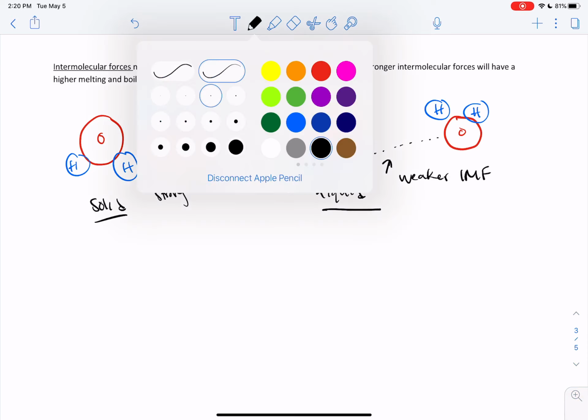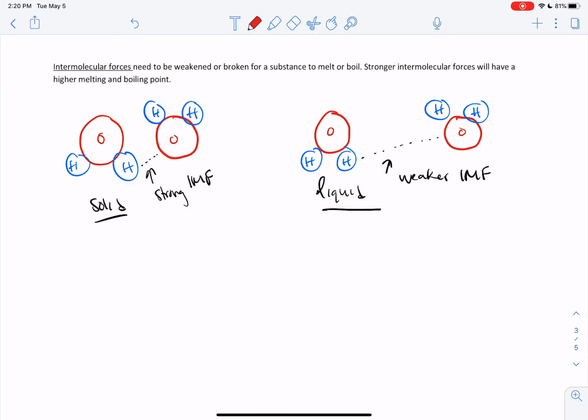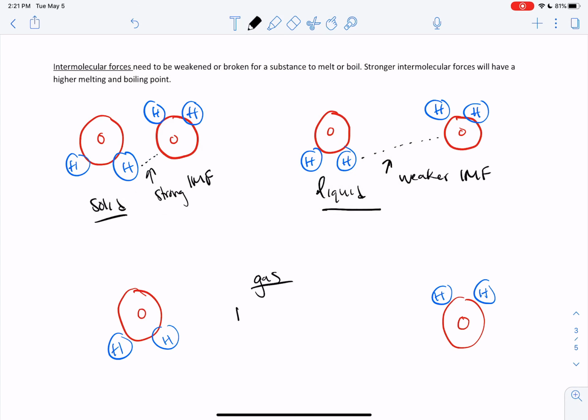And then last would be our gaseous state. And again, our molecules look the same, but they're even further apart. So at this point, when they're a gas, there is no longer an intermolecular force. They are so far away that they're not even interacting anymore, okay?